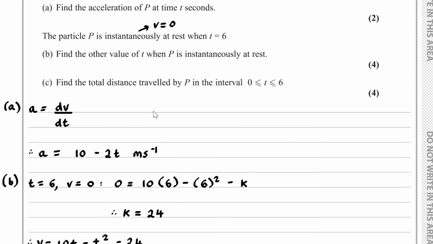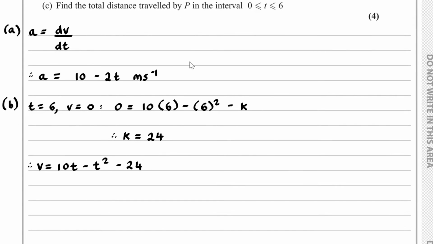Now we have to find the other value of t when P is at rest. In other words, when v equals 0, we need to solve the quadratic equation 0 equals 10t minus t squared minus 24.